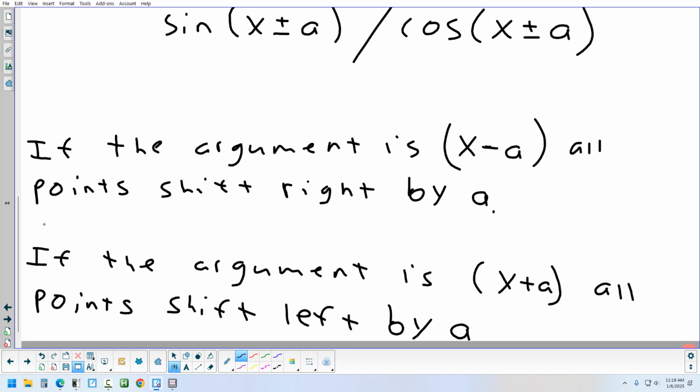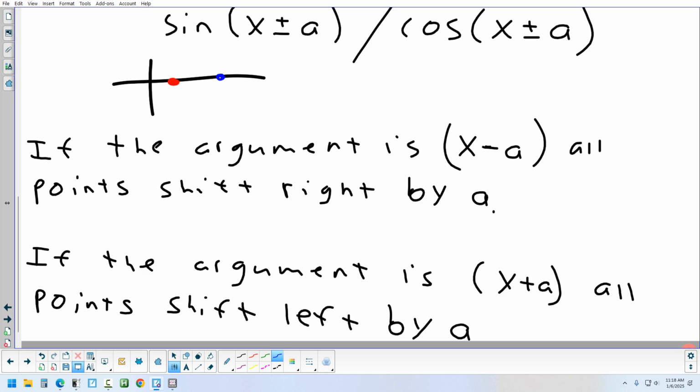Also, the reason I'm using the letter A is because when you do multi-transformations, this is the very first one you do. So I'm going to use the same letter scheme that I've used all year, the A, B, C, D. So when you shift left and right, think of this coordinate moving to there. What changes in the coordinate when it moves to the left or to the right? What part of the coordinate is affected?